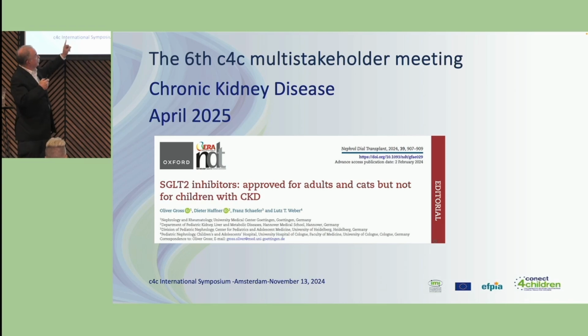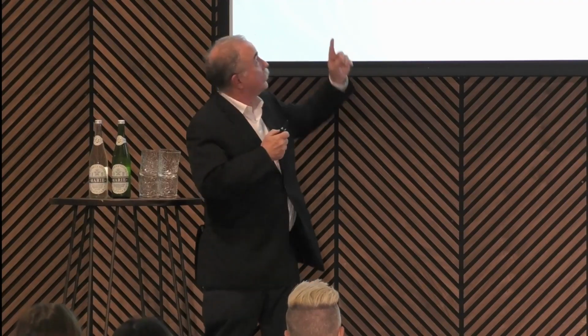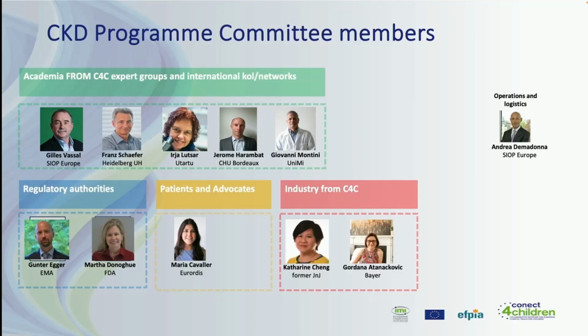This is a publication in 2024, and we have already set up the program committee with Franz Schaffer, who is a well-known pediatric nephrologist, who is really part of the ERN-ERCnet, and who have been really pushing for this chronic kidney disease, which will be the last and ultimate C4C stakeholder meeting. And we have a program committee with academia, with industry, with Gunther Egger from the European Medicine Agency, Marta Donoghue from FDA, patient representative, and industry.